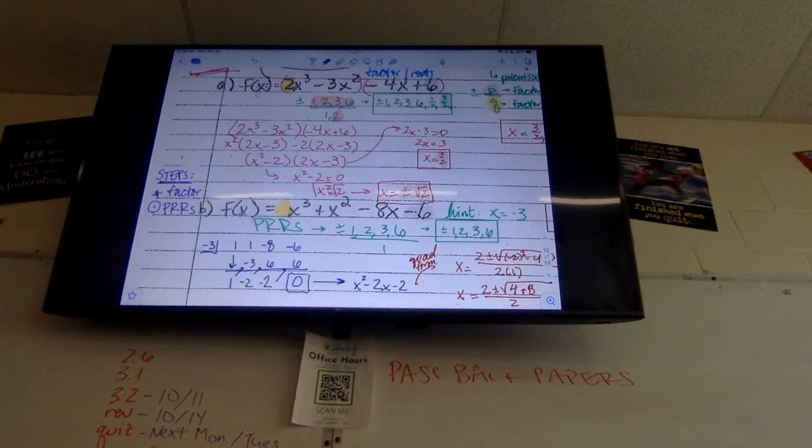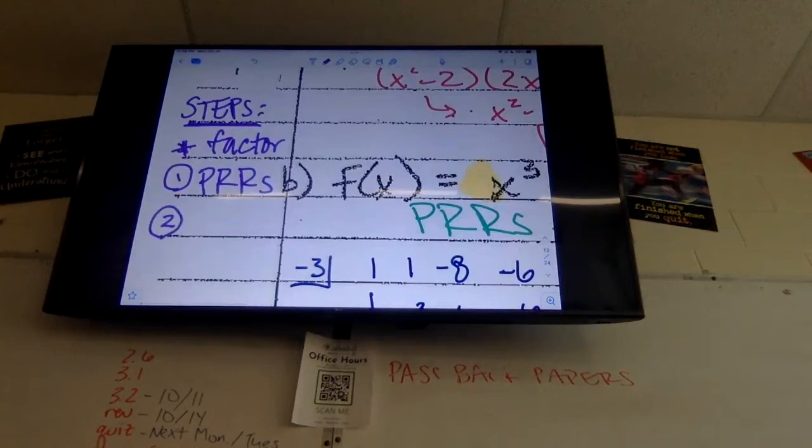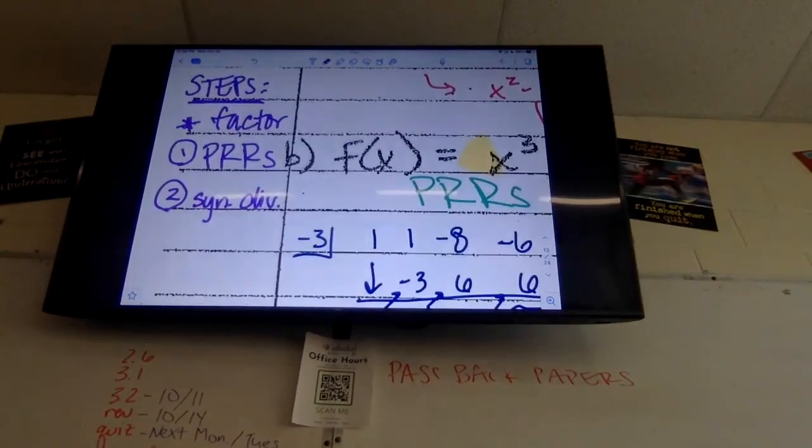Now on the first one, we didn't need to use our PRRs, and on this one, I gave you a hint. But even when I did give you a hint, we had to do synthetic division to figure out what my factors are, or once I know what my factor is, to know what happens when I divide it off. So the next step, no matter what, is synthetic division. Sometimes you may need to go back from that step and repeat step 1 and 2 a couple times in order to keep going.